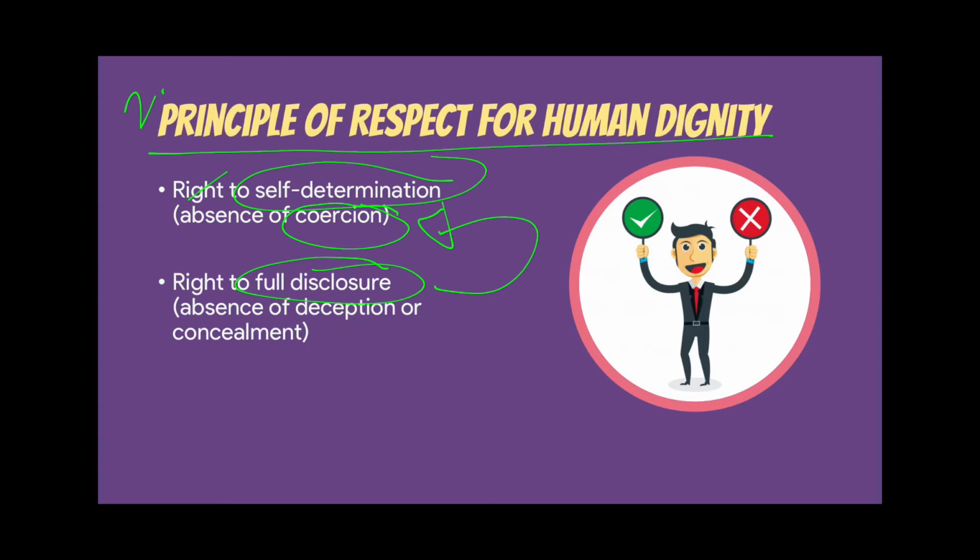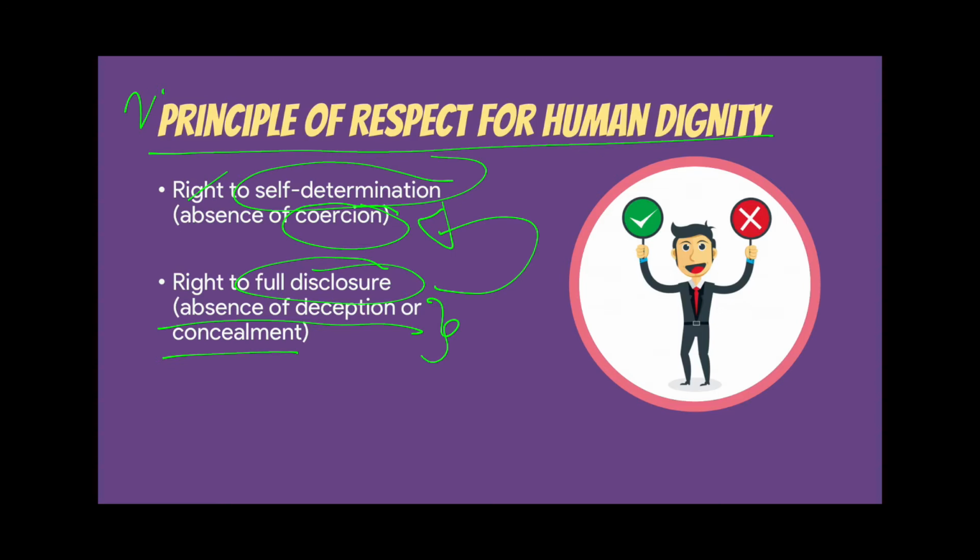So there should be absence of deception and concealment. However, in certain studies wherein deception and concealment is important, like for example, time and motion studies, you can request from your panel or your ethics clearance that you can hide some of the information because it will affect the actual outcome of the study.